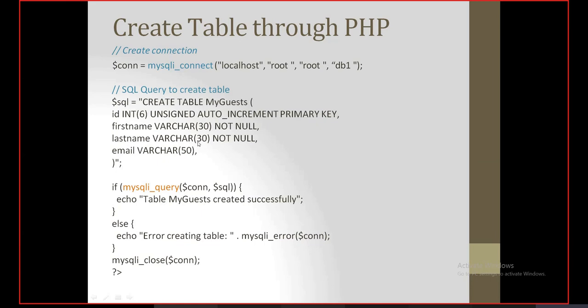And then the SQL query statement will be having our create table query with all the attributes defined, whatever we require in the table as columns. And then we'll fire that query using the same mysqli_query function. What we did for create database, the same thing, we are firing the query and we are getting the table created. No different.